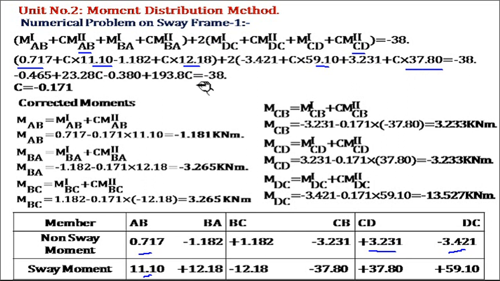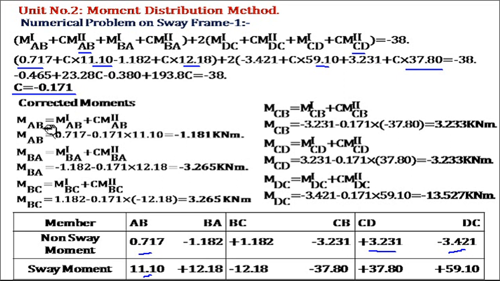Again we will rearrange the terms and from this we will get the value of C, that is the correction factor, and that is equal to minus 0.171. Now we know the equation for corrected moment, that is MAB equal to moment due to non-sway analysis plus C into moment due to the sway analysis. Now here M1AB and M2AB are known to us and C is also known, so we can find out the corrected moment in member AB.